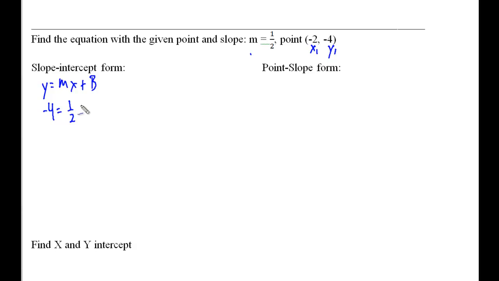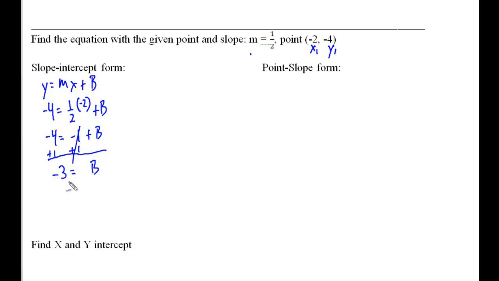The x is negative 2, plus b. So, doing our multiplication here, negative 4 is on the left-hand side. 1/2 times negative 2 is negative 1, plus b. I'm going to add 1 to both sides. The 1 simplified is 0. b is equal to negative 3.